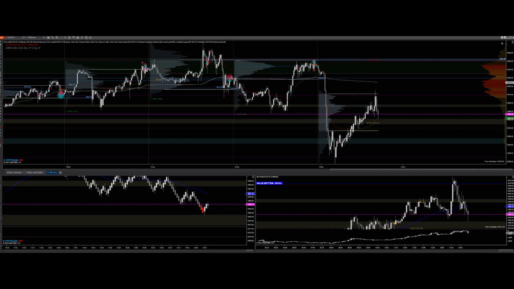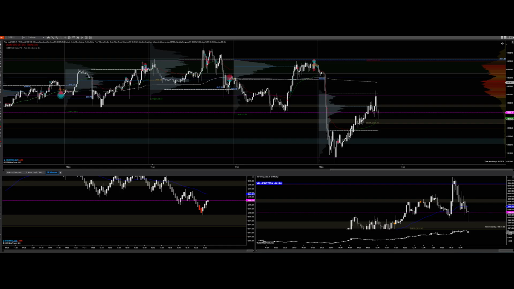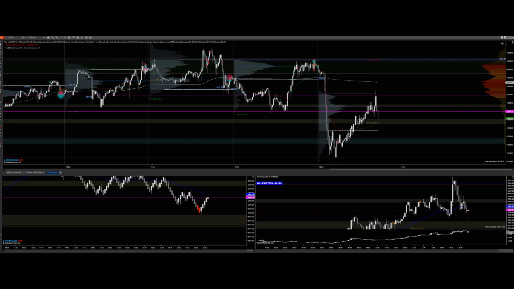Because I was long biased, I was looking at acceptance above the 6010. And we didn't accept above. I didn't know if I was looking at a short or a bull flag, which is why I didn't enter, because it was very, very uniform up and down. It happens.